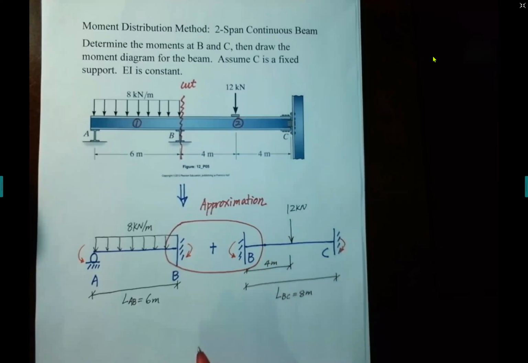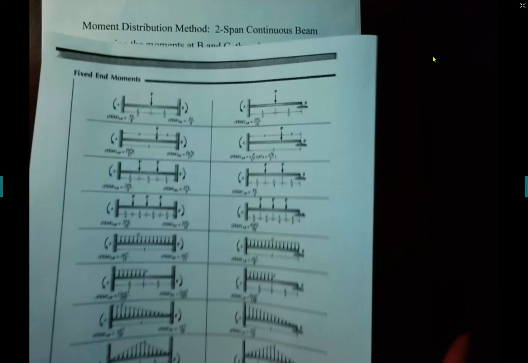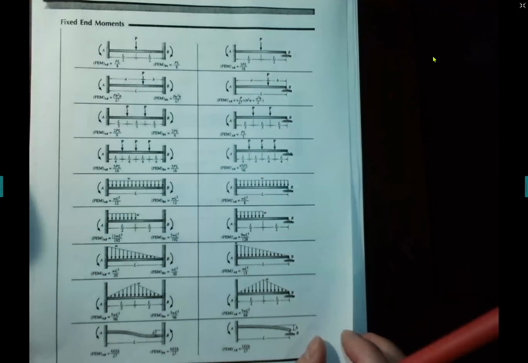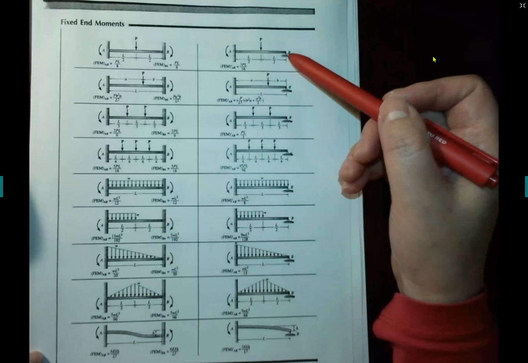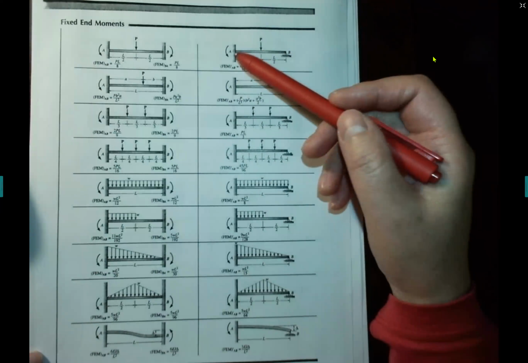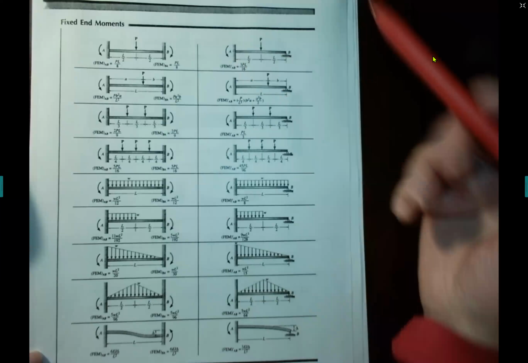In order to calculate fixed end moment, we need to use the fixed end moment table. And first, let's take a look at the member AB. Member AB has a roller support A and fixed support B. So we will use the table fixed end moment and support conditions, one roller and one fixed support.